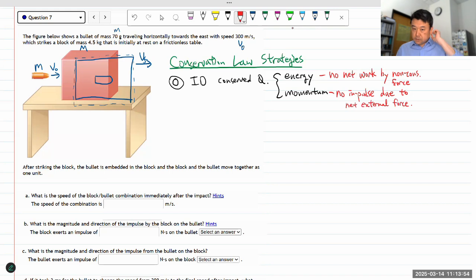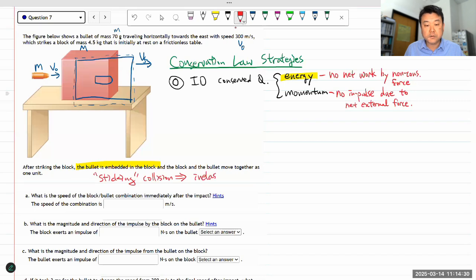Now, having said all this, there's one other thing you have to be careful about when it comes to energy conservation. Sometimes the problem won't explicitly tell you that you have these non-conservative forces, so you need to figure it out from reading the question. For this question, the biggest hint is where it says the bullet is embedded in the block. What that means is this is what we describe as a sticking collision. And in a sticking collision, energy is not conserved.